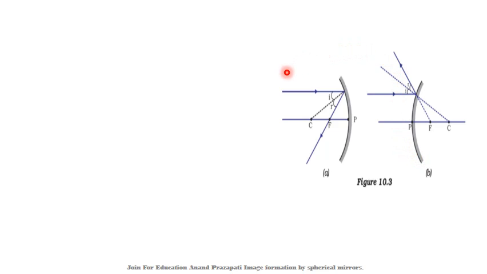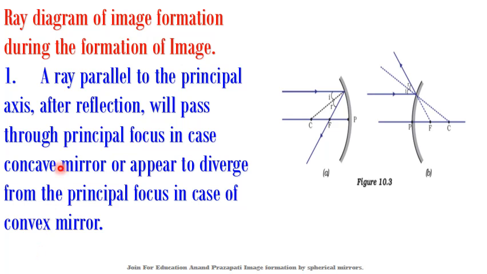This is the first property of the ray diagram. A ray parallel to the principal axis after reflection will pass through the principal focus in case of a concave mirror or appear to diverge from the principal focus in case of a convex mirror.